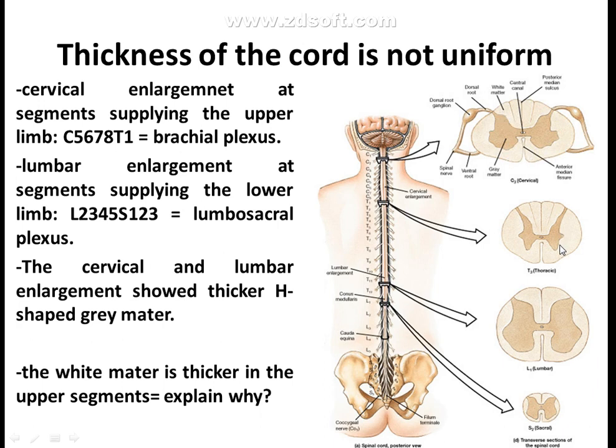And similar enlargement can be seen in the lumbar region, from L2, 3, 4, 5, and also at the level of S1, 2, 3, where the lumbosacral plexus originates from these segments of the spinal cord.